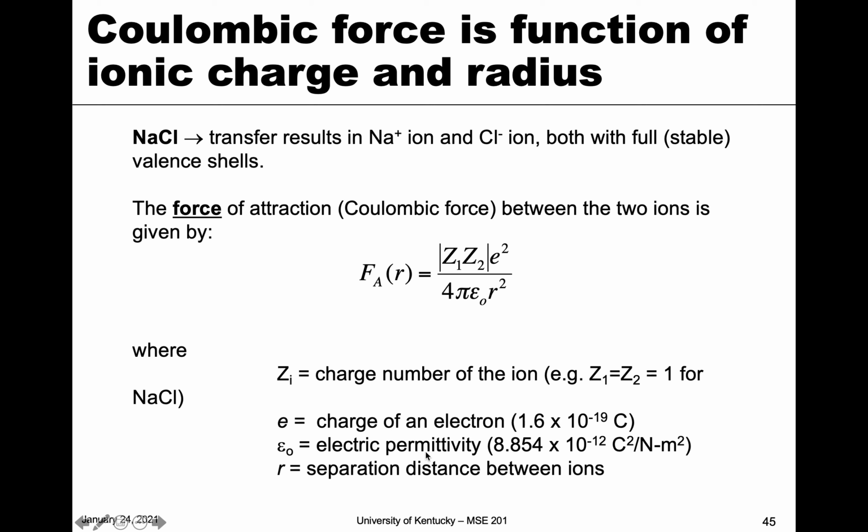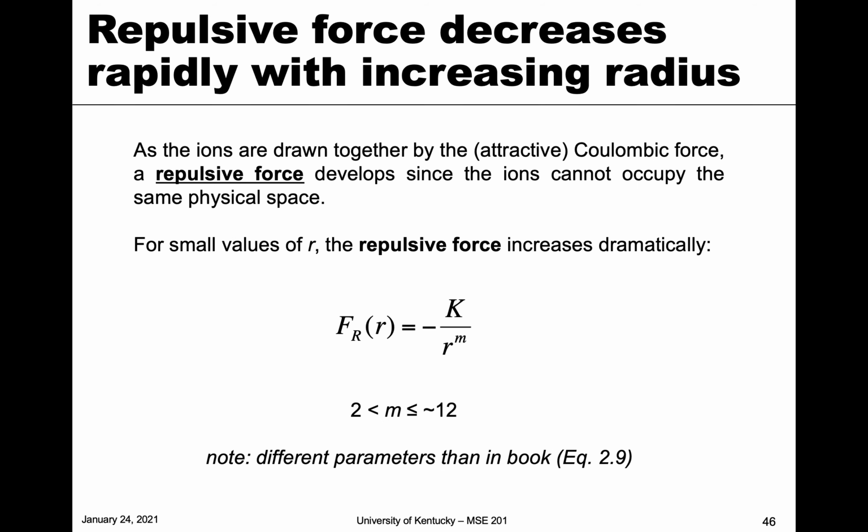So this is a constant given here. The charge of an electron is also a constant. It's in coulombs. And then the unit charges are Z1 and Z2. So for +1 and -1, those are equal to 1. So we can calculate what the force is on these ions by the charge and the radius.